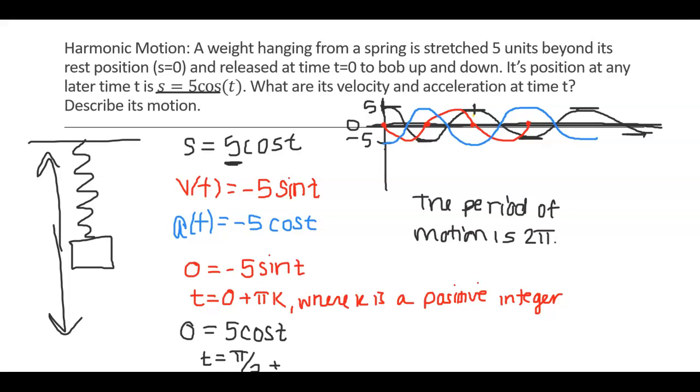Looks like we're due for a unit circle quiz. Good. So again, the speed or velocity will be the greatest when 5 cosine t is equal to 0. So that would be at pi halves.